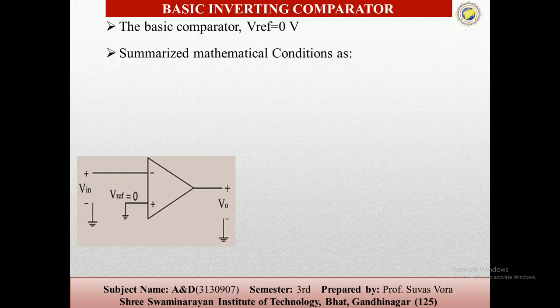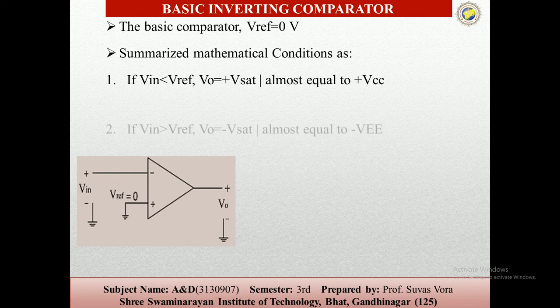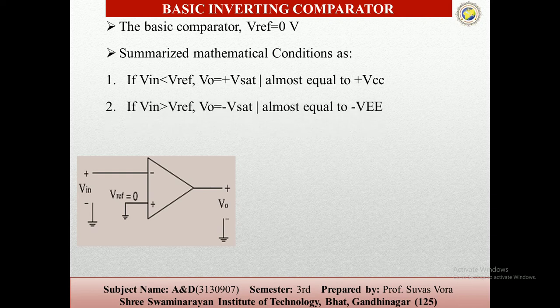In similar mathematical summary, when V in is less than V reference, it is exactly opposite to the non-inverting comparator. So the positive output is positive V saturation, almost equal to VCC, and if V in is greater than V reference, then V0 is equal to negative V saturation, almost equal to minus VEE.